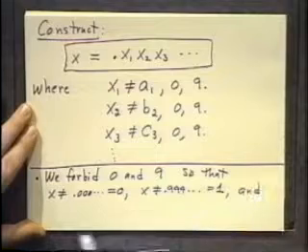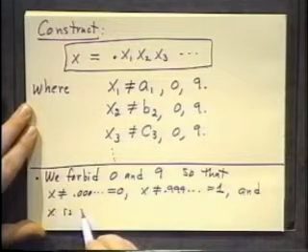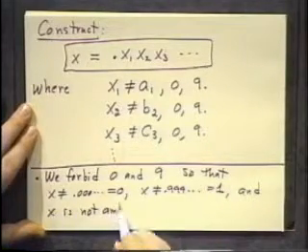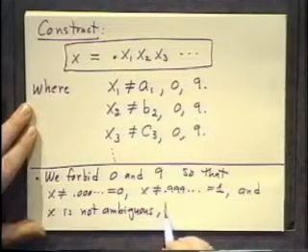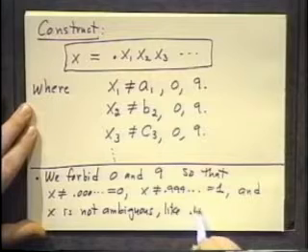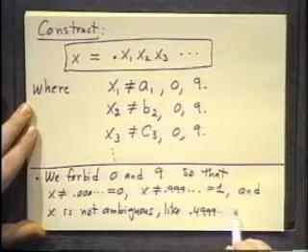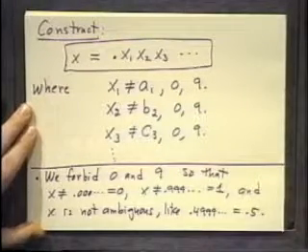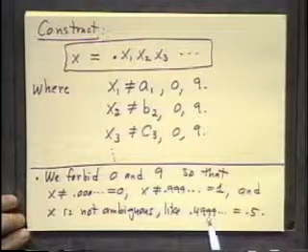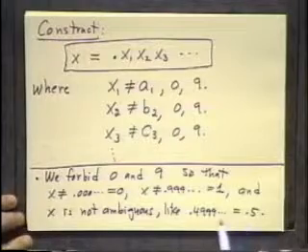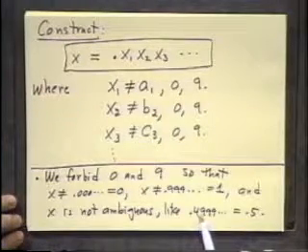And x is not ambiguous in its representation. Such as, for example, 0.4999 out to infinity is equal to 0.5. We don't want to have an ambiguity so that x in one form might not be there, but its other form might be there. We want to make sure that x is represented only one way.